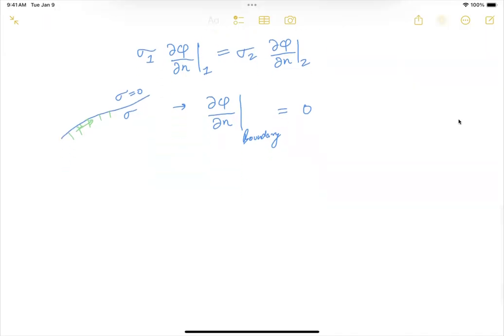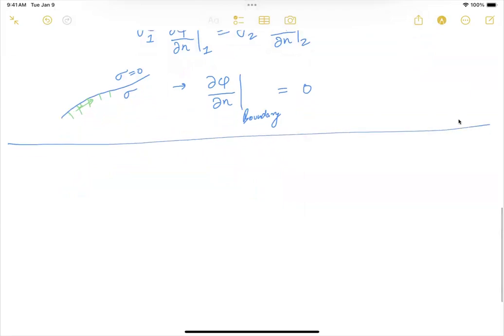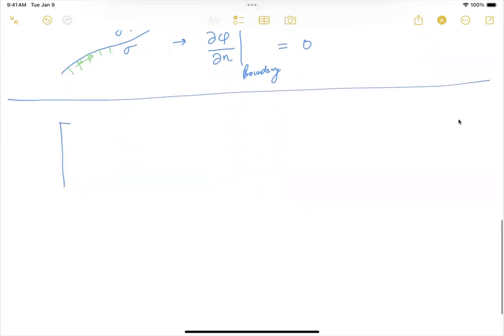So now, in order to solve, let's go back to the original problem, which was this voltage plane, where one side is connected to V and the other side is connected to 0.